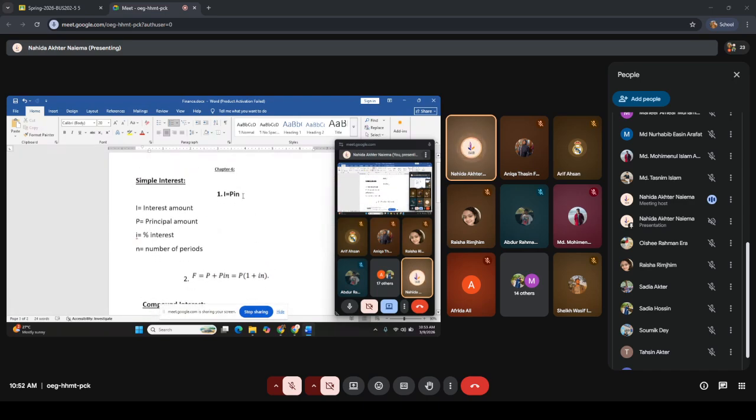Can anyone tell me what's the difference between simple interest and compound interest? Interest is something that builds up in time.